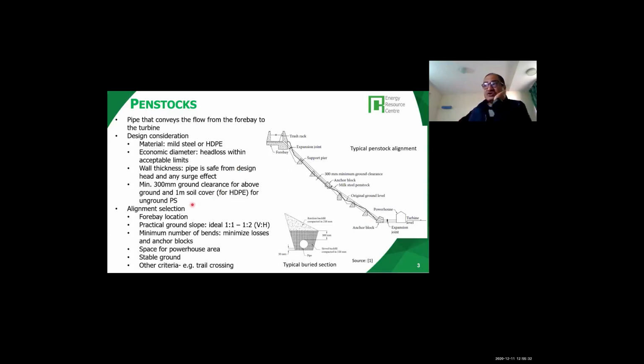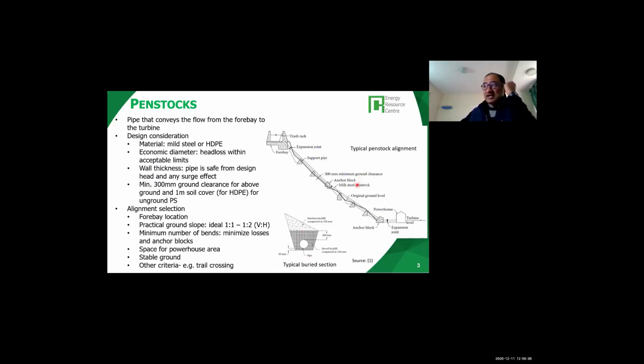There is also what is known as the surge effect. When you shut down the turbine or when you open the turbine, the water pressure surges up and down. There is a positive surge and a negative surge, which creates pressure on the wall thickness of the penstock pipes.